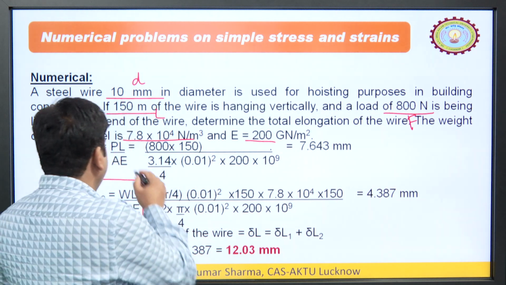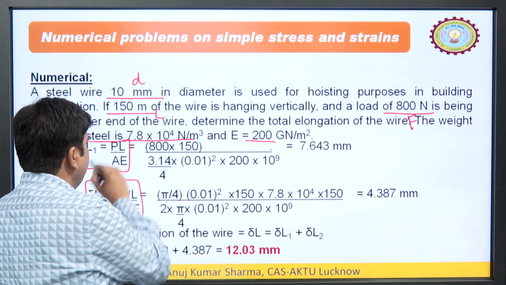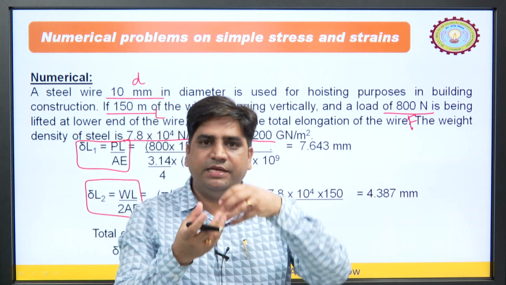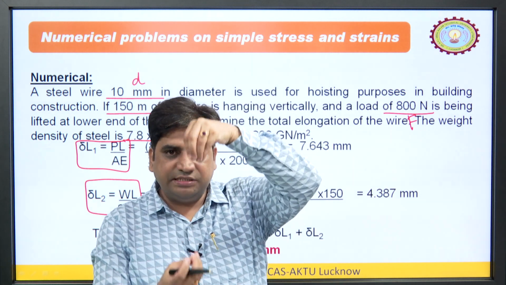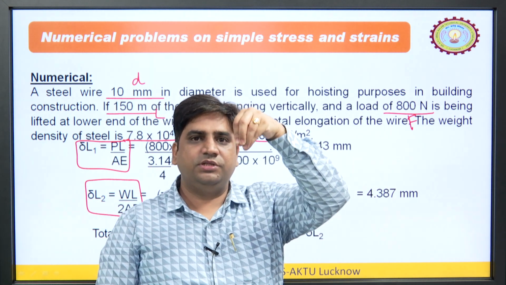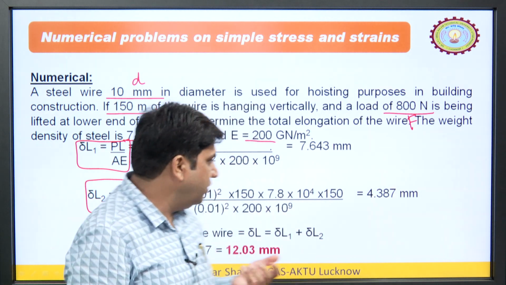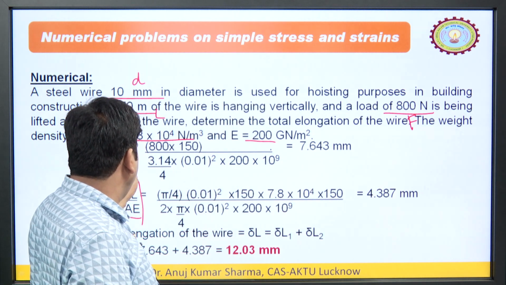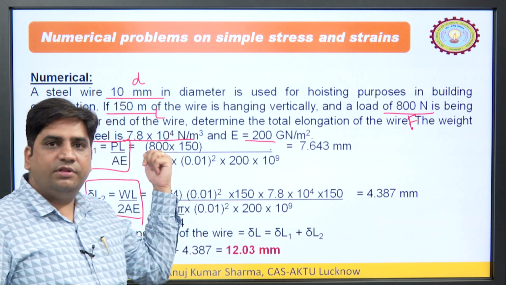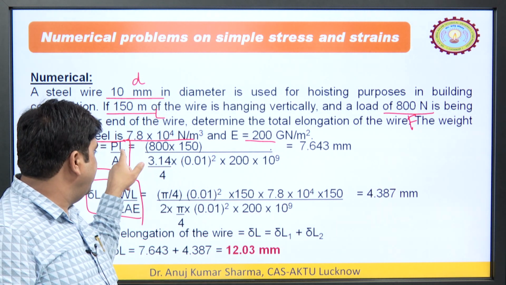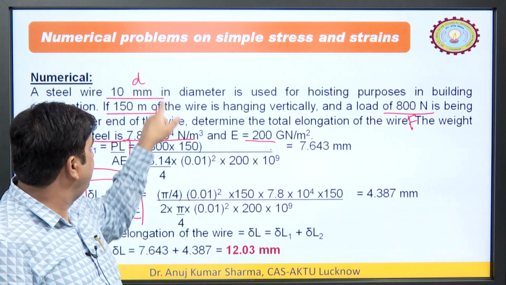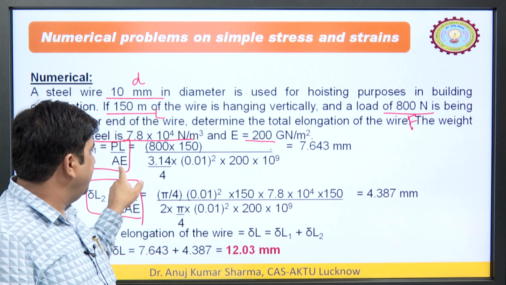The other formula is for the total elongation if we are applying some force on an object. It is stretching the object. That is P L upon A E, or W L upon A E, or whatever it is, F L upon A E. For this we have been given the value of P, and the length, which is given already as 150 meter, upon the area of the cross section.